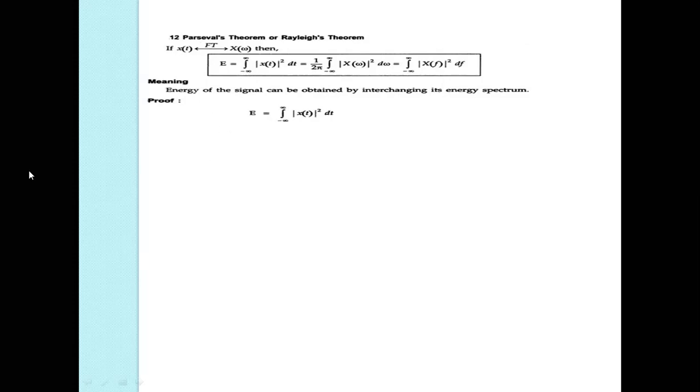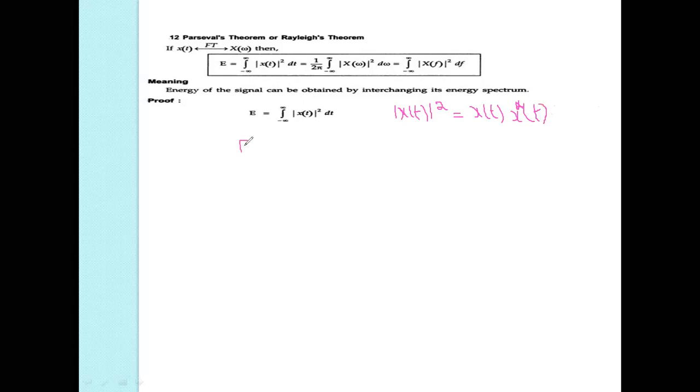So the proof here. First of all, take the energy E equal to the integral from minus infinity to infinity of the squared magnitude of x of t. We know the squared magnitude of x of t is equal to x of t times x star of t. We already know this equation; we proved Parseval's theorem in the Fourier series.